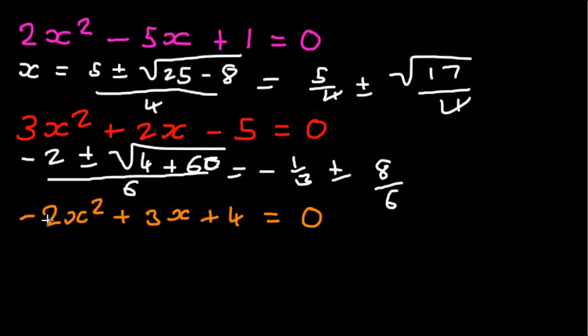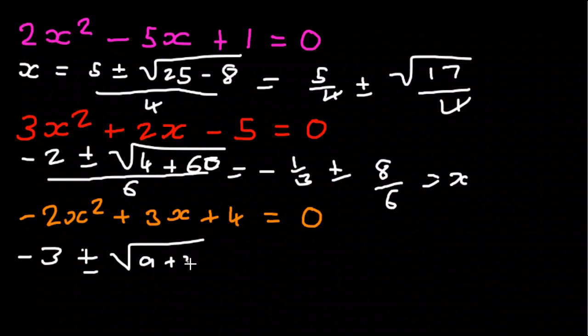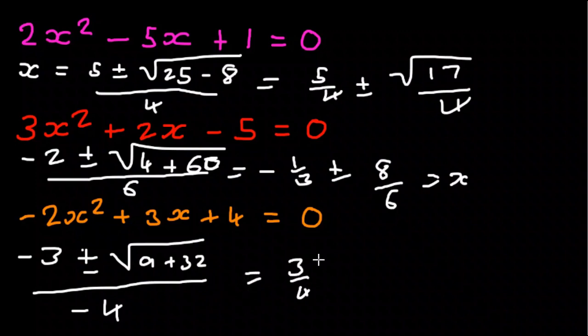And here we've got minus 3, plus or minus, we should clarify that this is x, plus or minus the square root of 3 squared. Okay, so we have a negative here, so we've got 4 times 4 times negative 2, and we're subtracting that, so that is plus 32, over negative 4, so that's equal to 3 over 4, because negative 3 over negative 4 is 3 over 4.